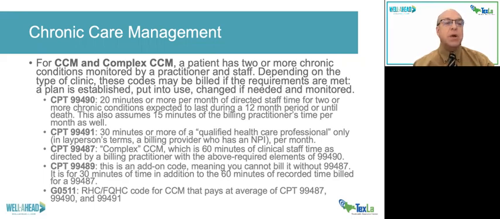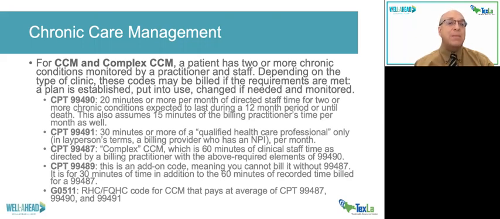If it's a lower complexity and you're only doing 20 minutes of time, then it's a 99490. And again, it's basically time that your staff may be utilizing to care for their chronic problems per month. If it is 30 minutes of time, but still a lower complexity of care, then it's a 99491.